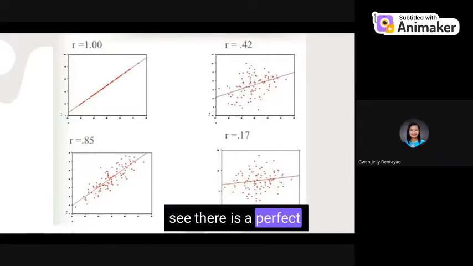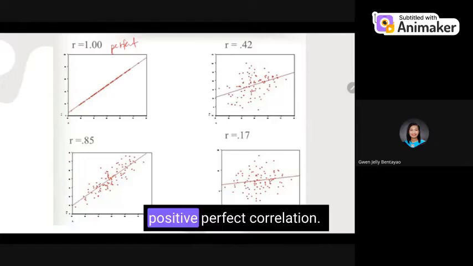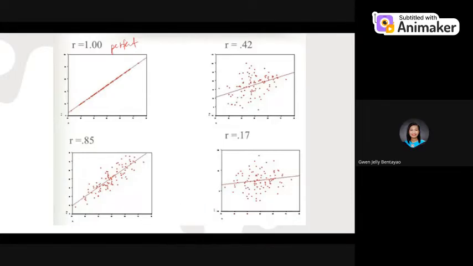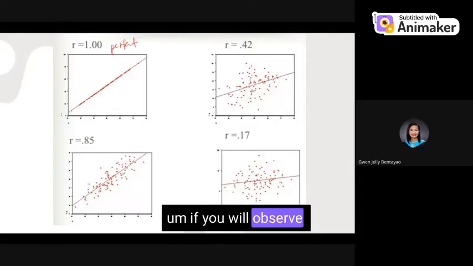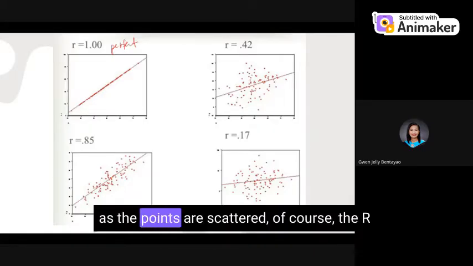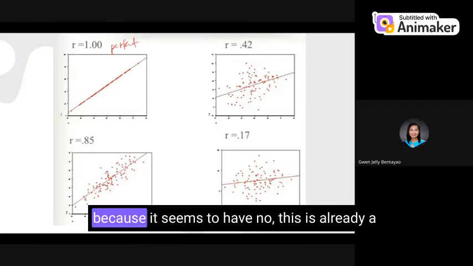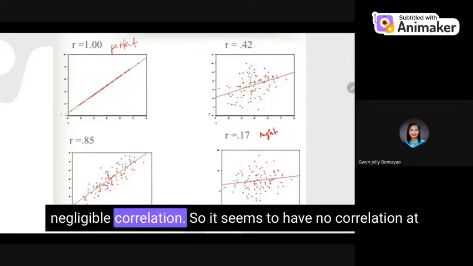As you can see, there is a perfect positive correlation happening. If you observe, as the points become more scattered, of course, the r value decreases. This is already a negligible correlation, so it seems to have no correlation at all.